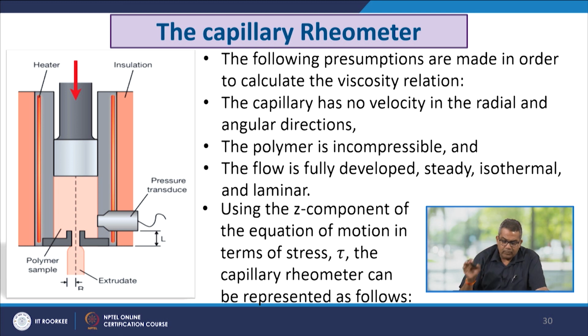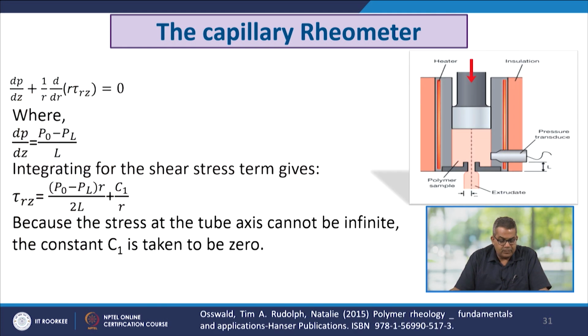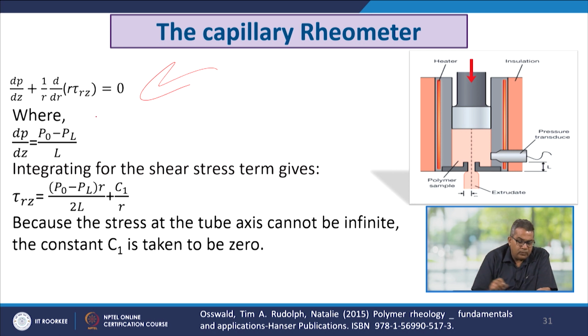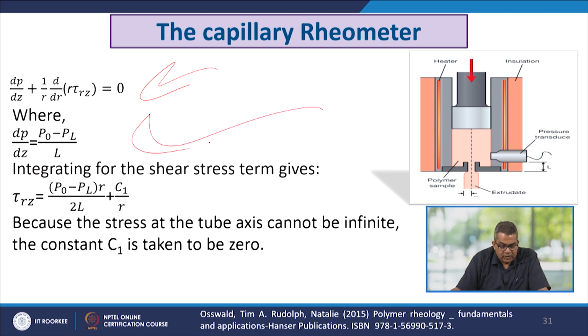So using the z component of the equation of motion in terms of stress tau, the capillary rheometer can be represented as per this particular mathematical representation, where dp over dz plus 1 over r d over dr of r tau rz is equal to 0, where dp over dz is equal to (p0 minus pL) over L. Now, if we integrate the shear stress term, then tau rz is equal to (p0 minus pL) r over 2L plus c1 over r.